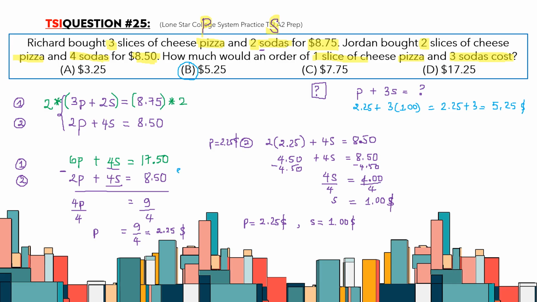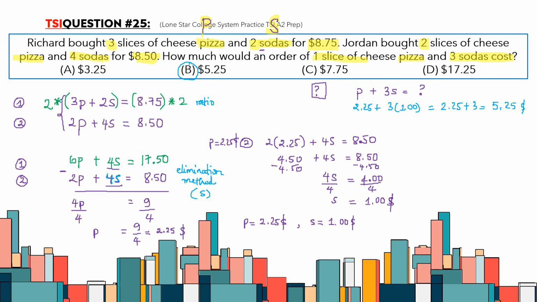In this case, we use the elimination method to eliminate S. We use the fact that the ratio is the same, so we multiply by 2 both sides of the equation to keep it balanced.